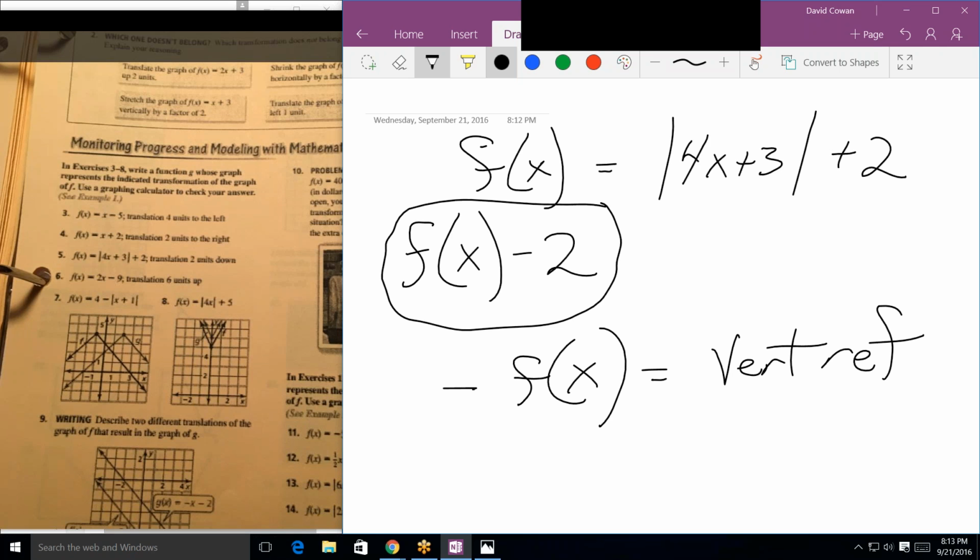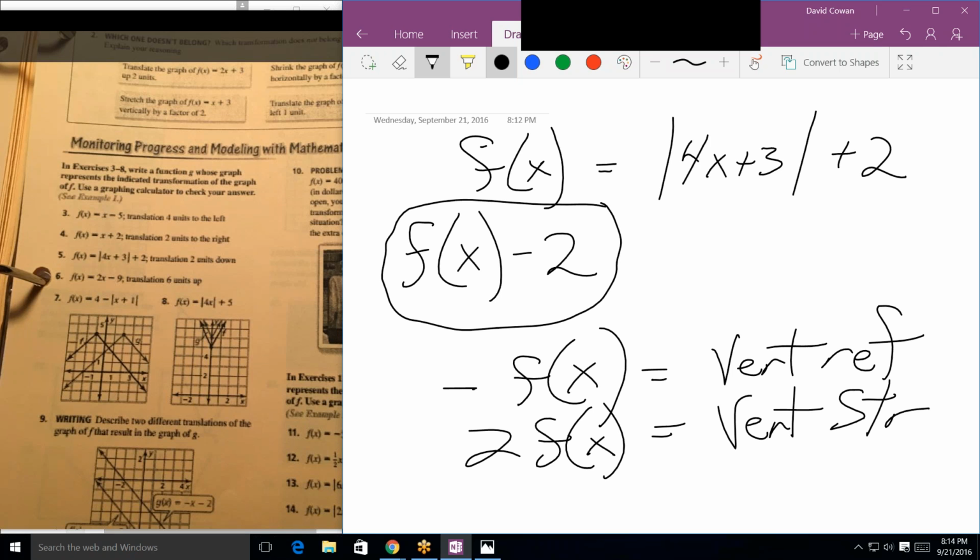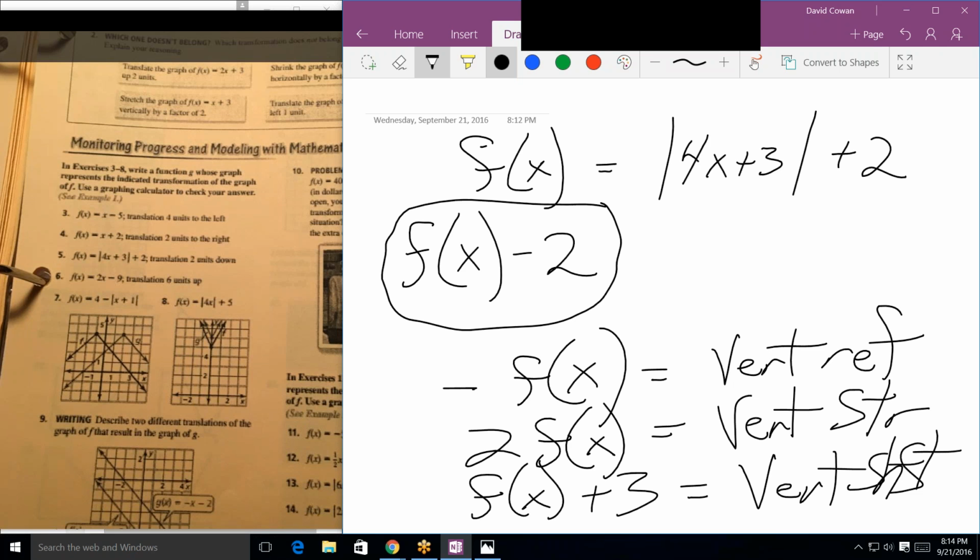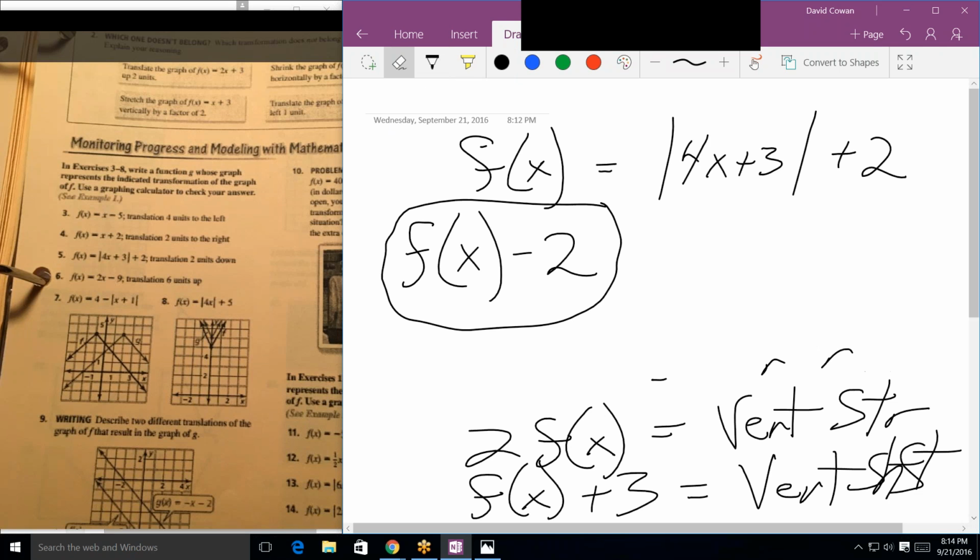If I said this, that is a vertical stretch. And if I said this, that's outside the function, that's a vertical shift. That makes sense. And all things horizontal are inside the function.